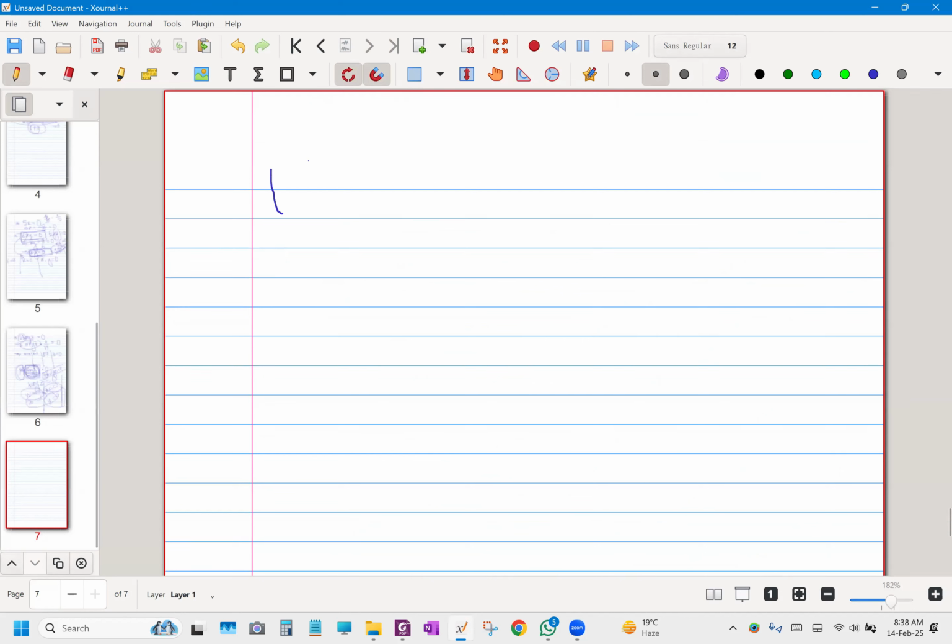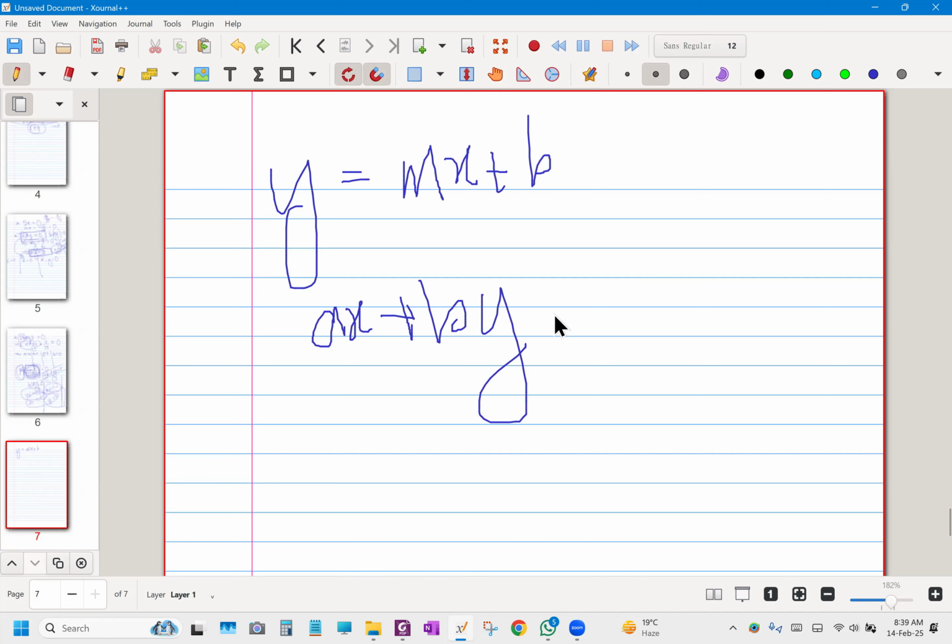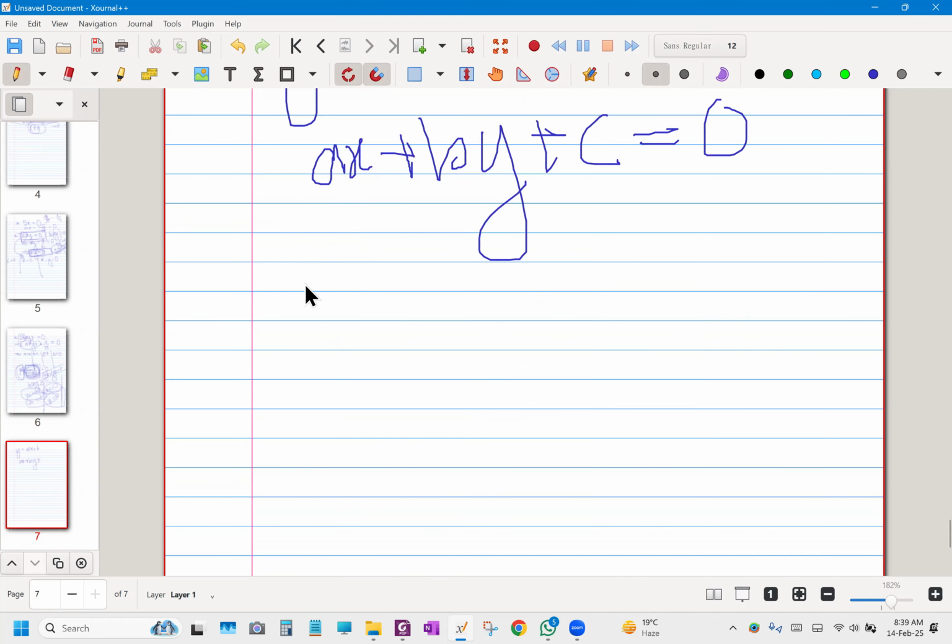For example, we can write y equals mx plus b. We can also write ax plus by plus c equals 0, and we can also write x by a plus y by b equals 0. I'm sorry for my bad handwriting.